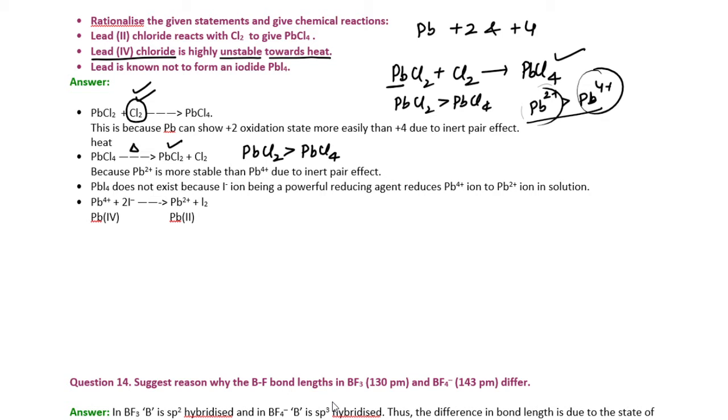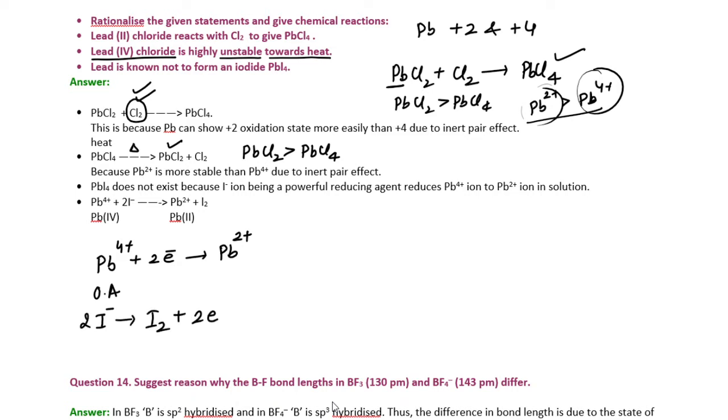Pb4+ is a very strong oxidizing agent because Pb4+ can gain 2 electrons to give Pb2+ very easily. Means Pb4+ is a very strong oxidizing agent.